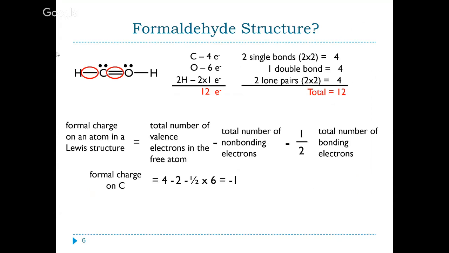On oxygen, we start with 6 valence electrons. We subtract out the 2 dots, and we subtract out the 3 lines, or half times 6. And that gives us a charge of +1. So we have a valid structure here for formaldehyde, where carbon has a -1 formal charge and oxygen has a +1 formal charge. These are different than oxidation numbers.